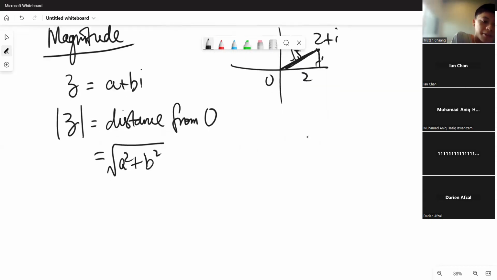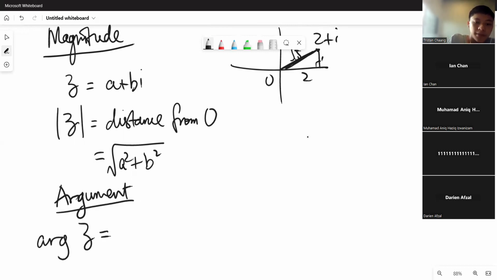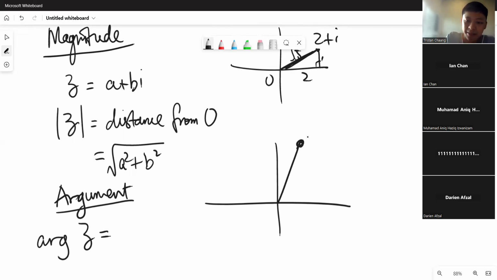Now, how about the argument? The argument of a complex number is kind of a weird name, but that's what people use. First of all, I would like to define it on the complex plane, because it's much easier. Someone said theta equals tangent inverse.